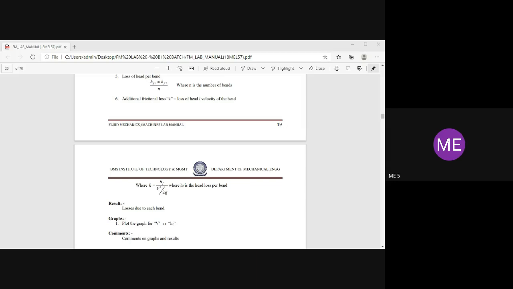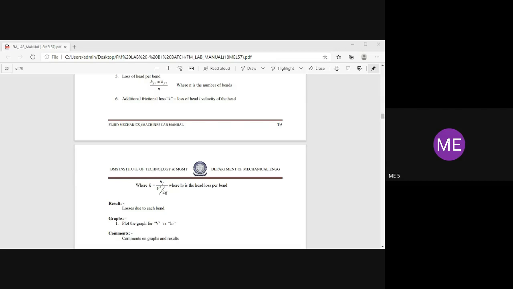Understood? In the previous experiment, you calculated straight pipe only. That is major losses only, in all the pipes. But here we are doing minor losses. That's why I took a 27 mm pipe common for all the readings: a 27 mm straight pipe, a 27 mm bend pipe. Analyze the diagrams in major losses and minor losses. In major losses, we don't have bends.